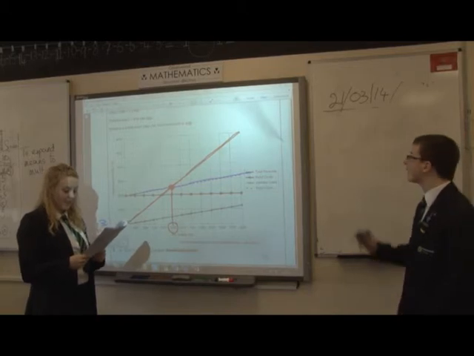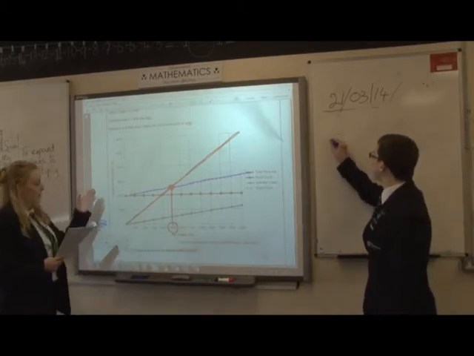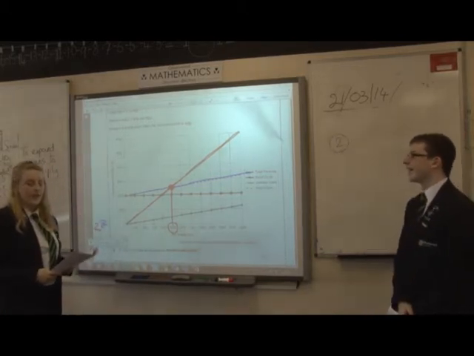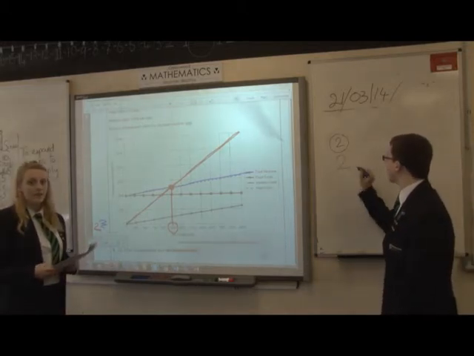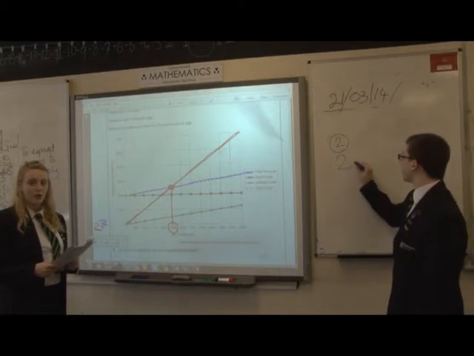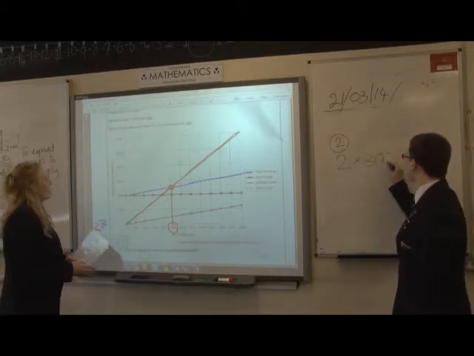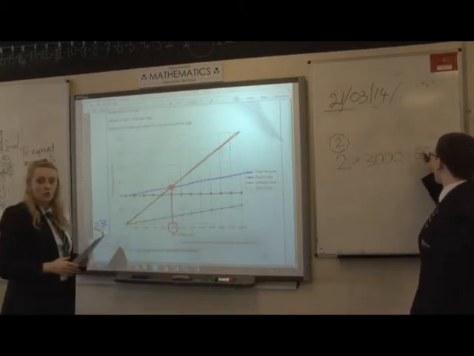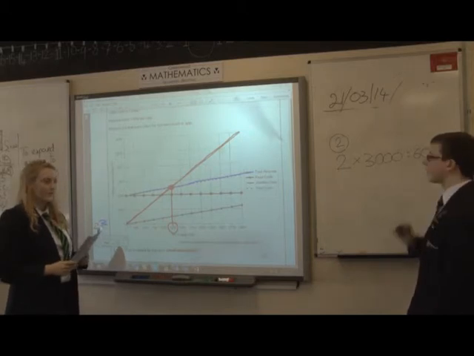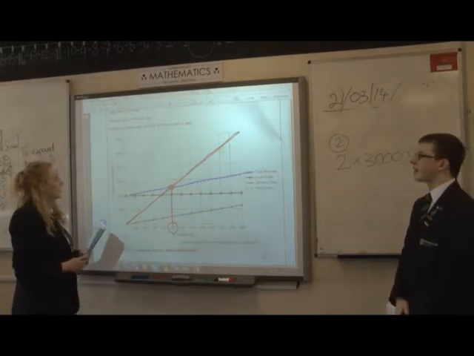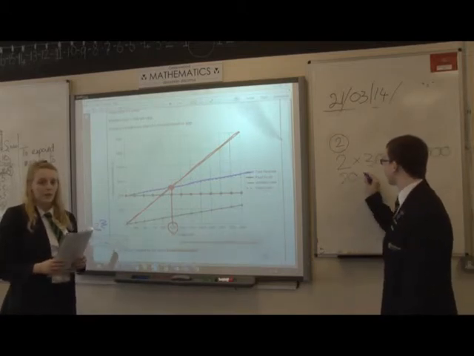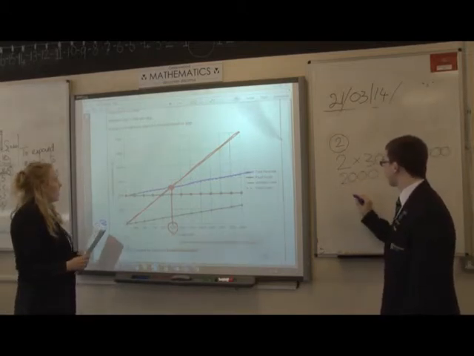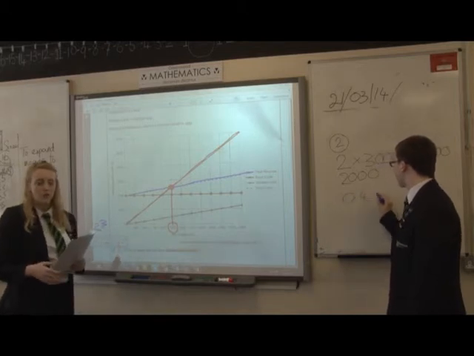The second method is when we can use the information given. Now we know that each app is £2, and if they sell 3,000 apps, that will be £6,000 revenue. And then we know that the fixed cost is £2,000, and the variable cost is 40p, or 0.4 in pounds, times the apps sold, which is 3,000.